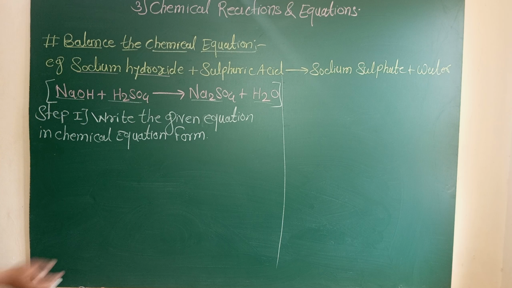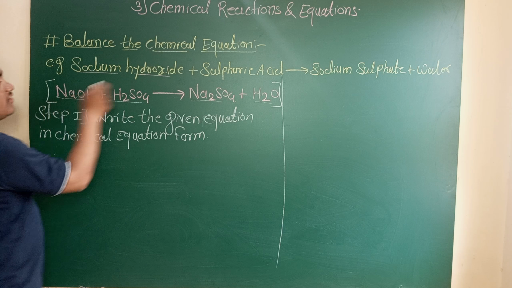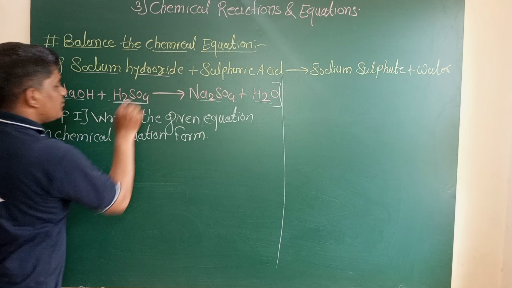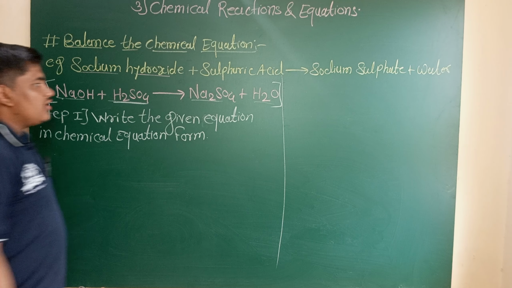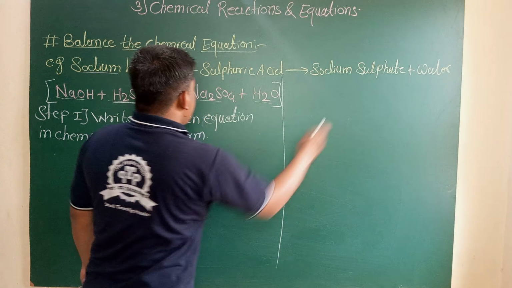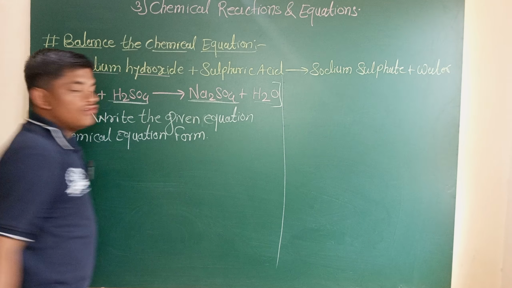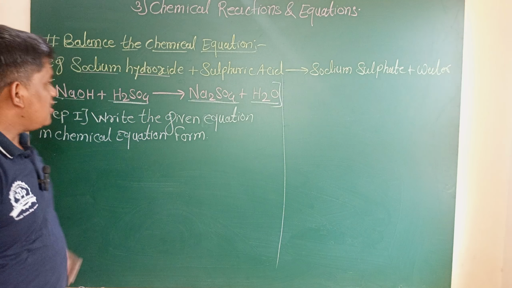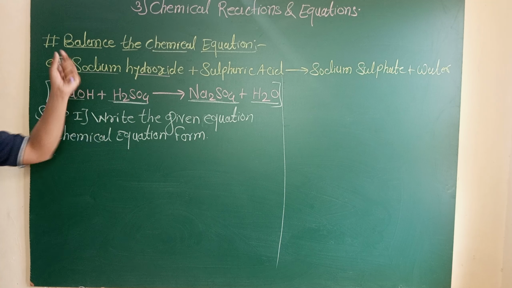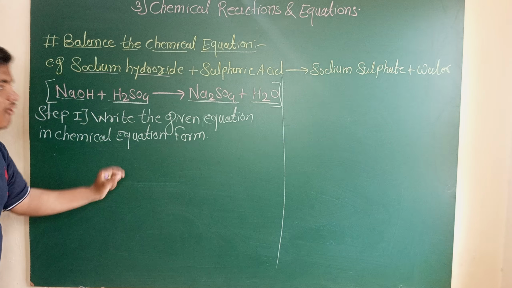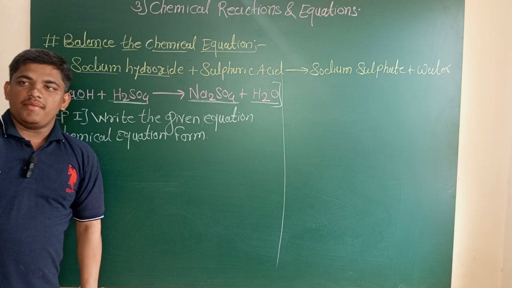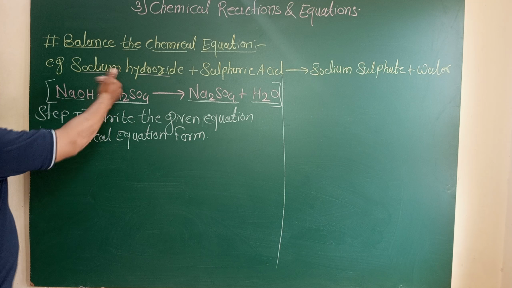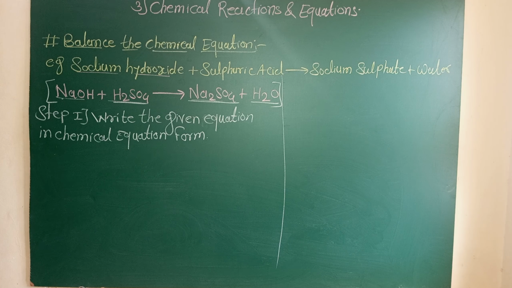Sodium hydroxide, NaOH, reacts with sulfuric acid, H2SO4, to give sodium sulfate, Na2SO4, and H2O is the water. All the reactants and products are written in chemical form. This equation is called a chemical equation. The word equation is converted into the chemical equation. This is the first step for balancing chemical equations.